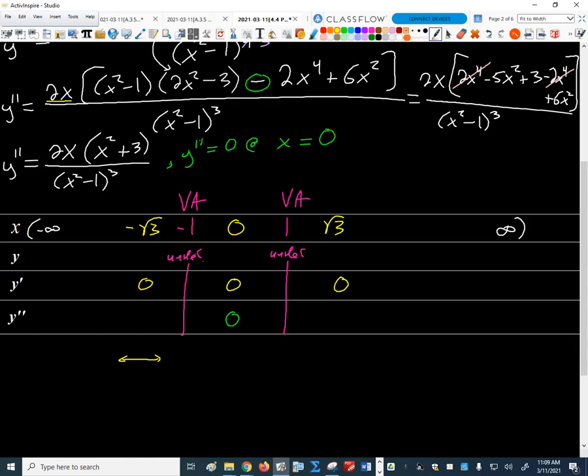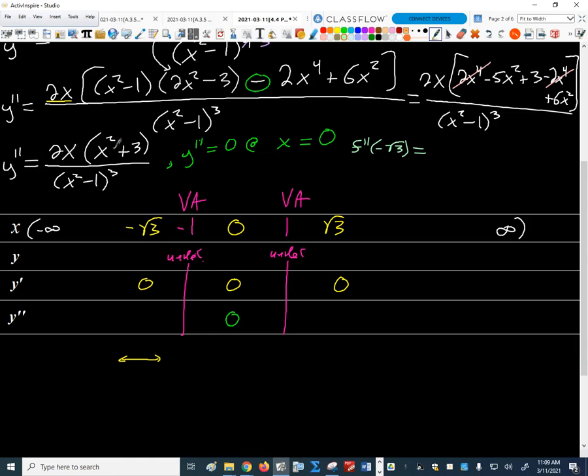So we just need to evaluate our second derivative at negative radical 3. So what do we get here if we do that? If I do f double prime of negative the square root of 3, what do I get? Negative times positive over positive, right? Everybody agree?